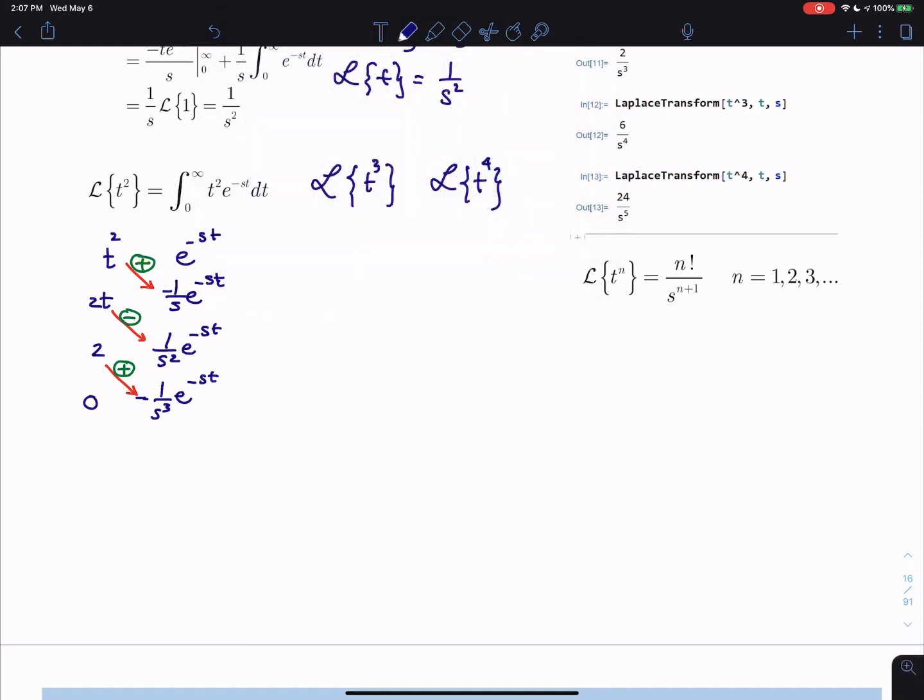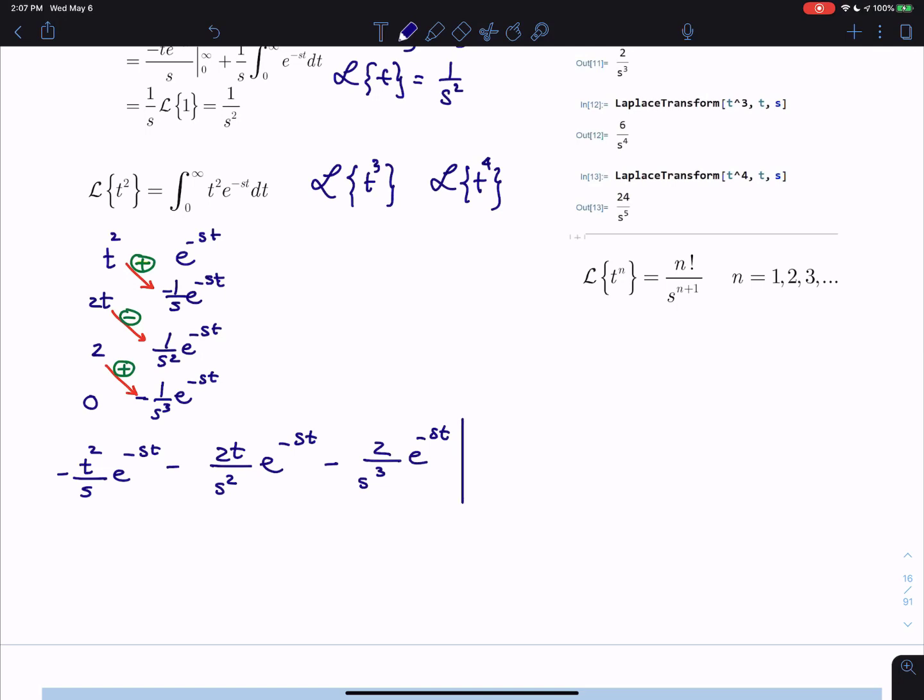So now if I go through the integration by parts process, I'll end up with minus t squared over s e to the minus st, correct, minus 2t over s squared e to the minus st, and I'm going to pause for a bit for you to see it. Okay, and the last one will be plus times the minus, 2 over s cubed e to the minus st.